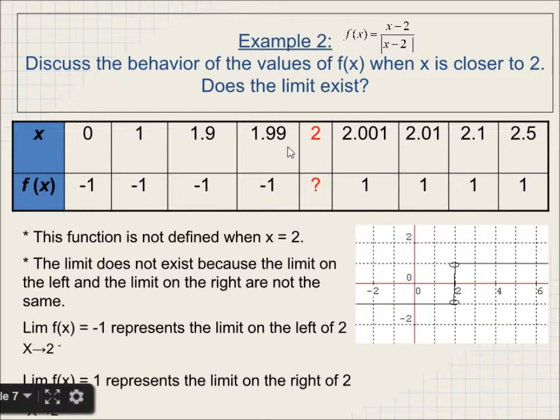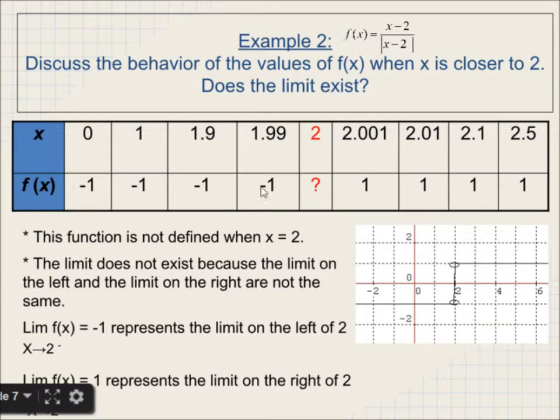We have to calculate when x is closer to 2. If we substitute the value 2 in place of x, 2 minus 2 is 0. Whenever the denominator has a 0 value, the function is not defined.